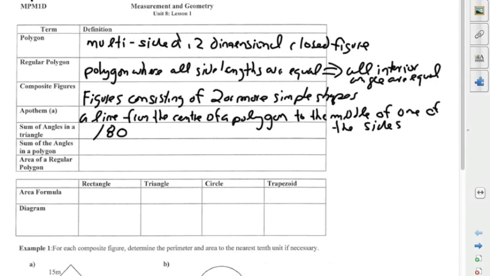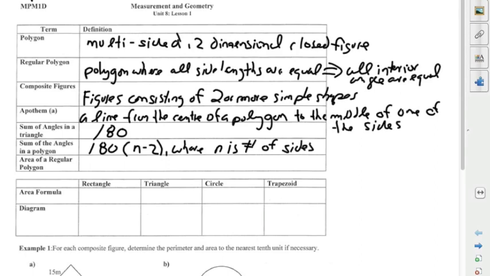Total number of sides minus 2, times 180.